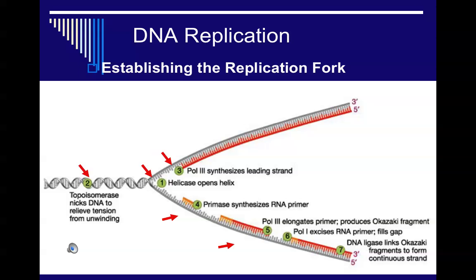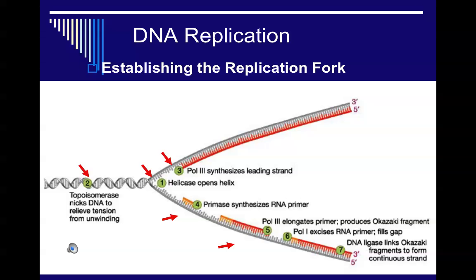So that's where we get started, with a topoisomerase that's going to relax the DNA and allow the next enzyme, which is labeled number 1, called helicase, to separate the two sides of the DNA ladder and create what we call a replication fork. Now, it's a two-tined fork, but it's a fork nonetheless.